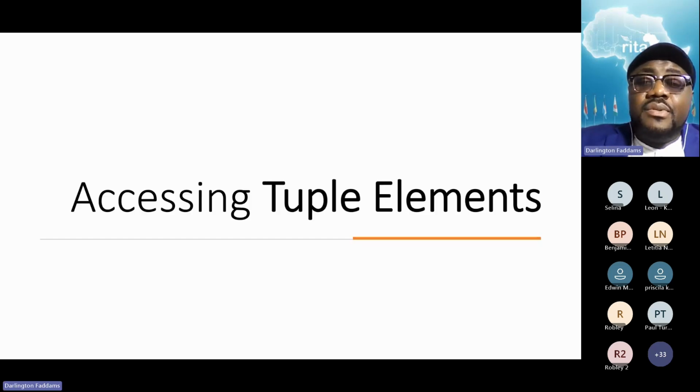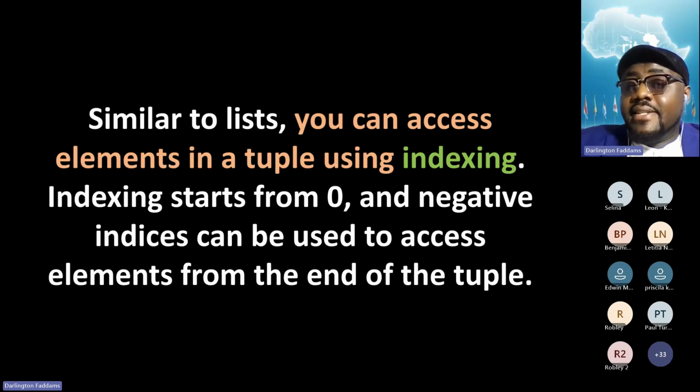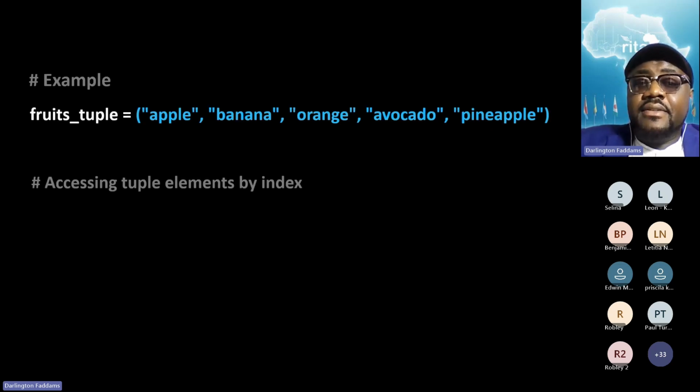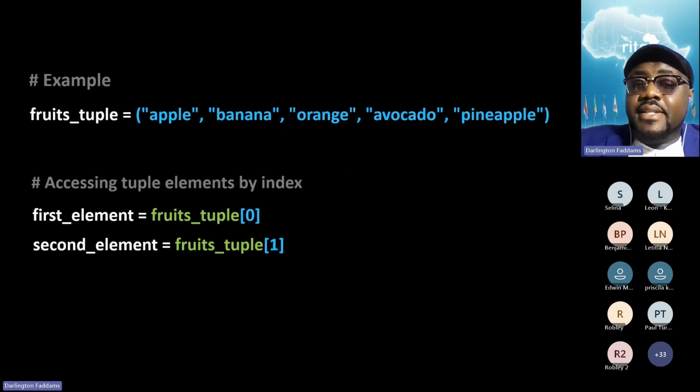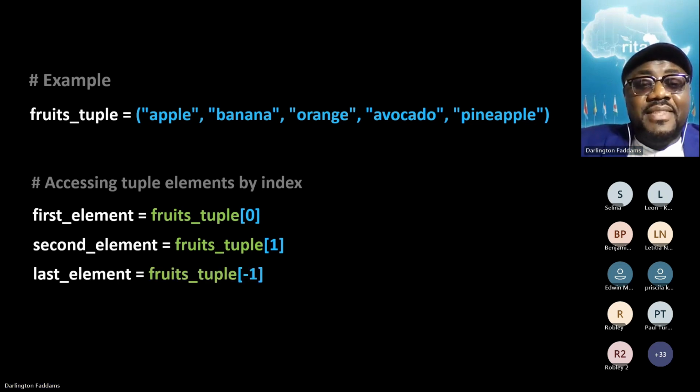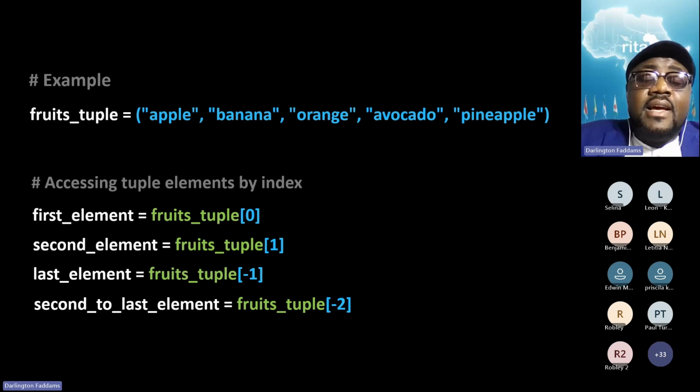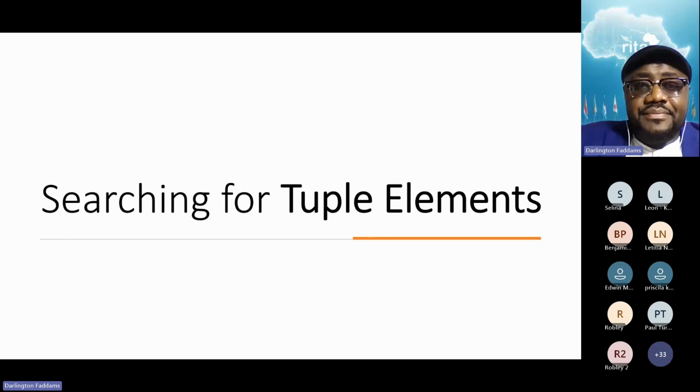To access a tuple, you use the same concept of indexing, just like I mentioned. Once you say index something, you are going to get it. This applies to strings, lists, and tuples as well. All right. So you can use -1 to access the last item. So you can see that almost everything we've studied about lists can also be found in tuples.